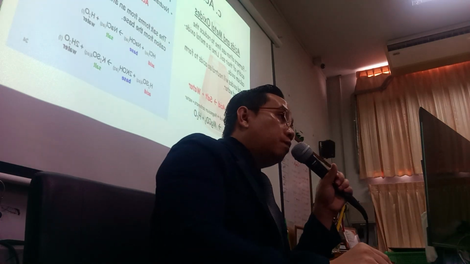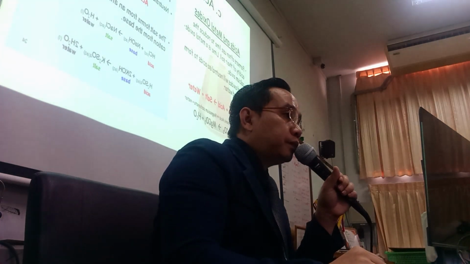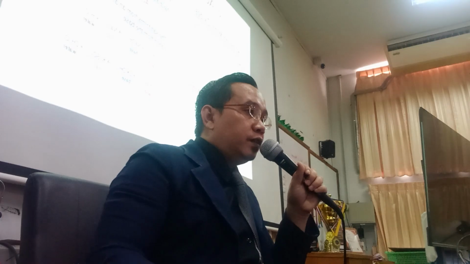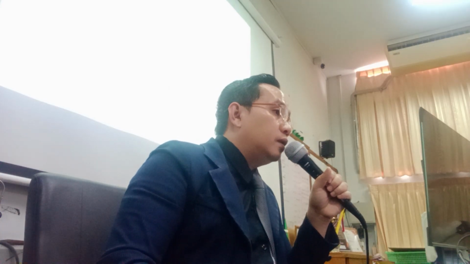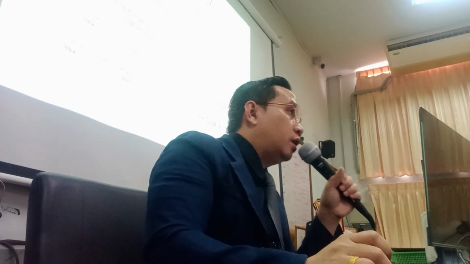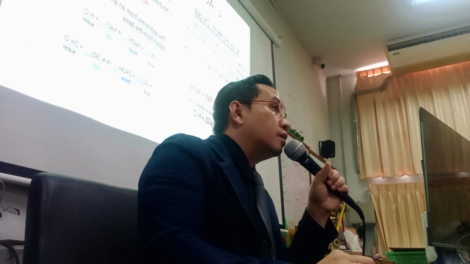So, acid plus metal oxide. Farmers often use lime to reduce the acidity of their soil. Lime is a metal oxide, calcium oxide, which helps neutralize the acid to form a salt and water in the soil.